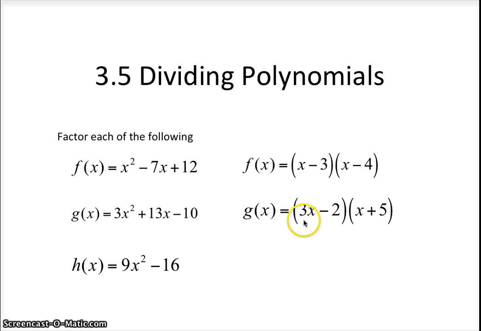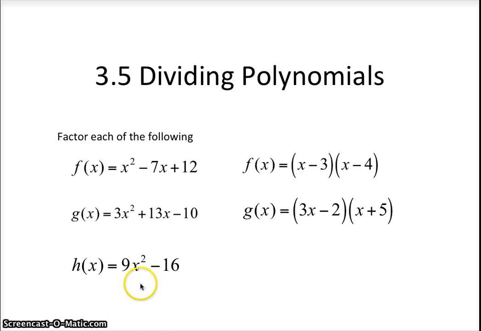So when we break it down, we have our 3x and our x, and then when we have 10 breaking down, we have our negative 2 with our positive 5. So when we say 3x times 5, we get 15x, minus 2x will give us our middle term of plus 13x.